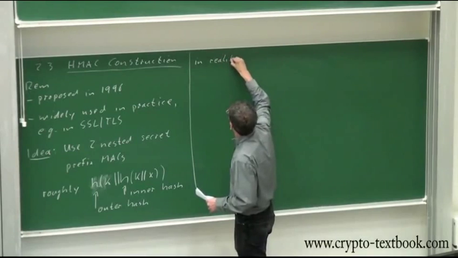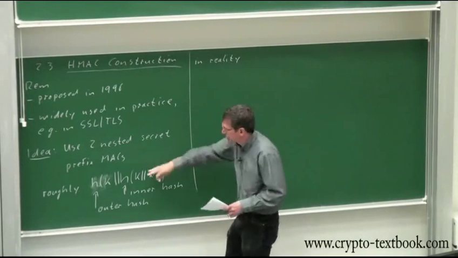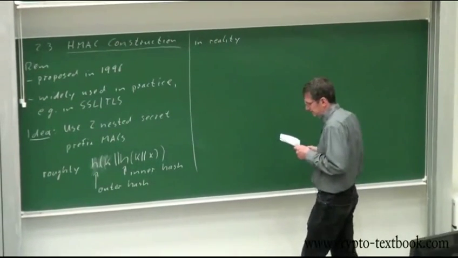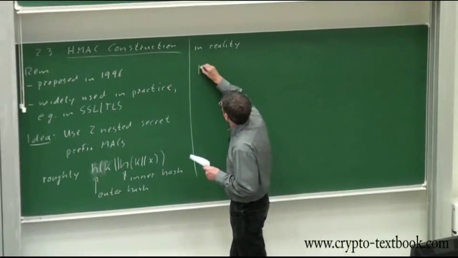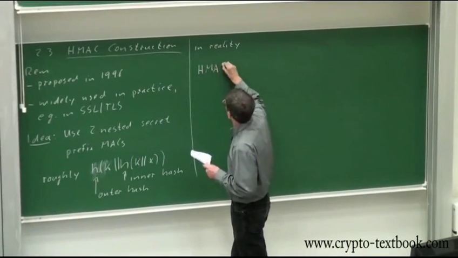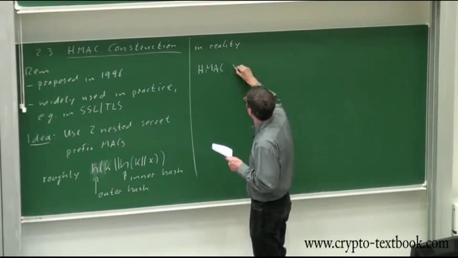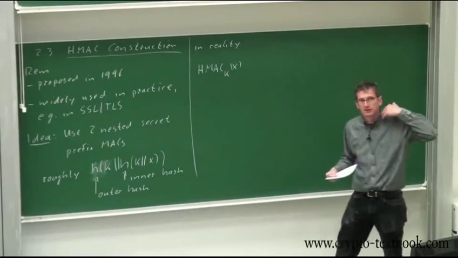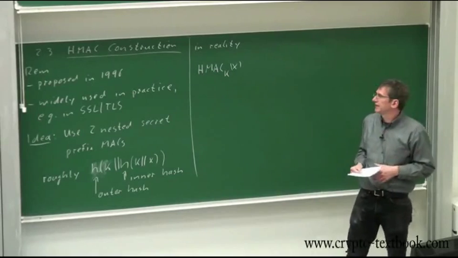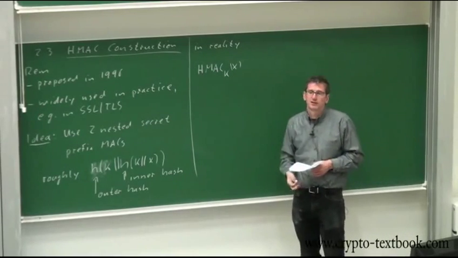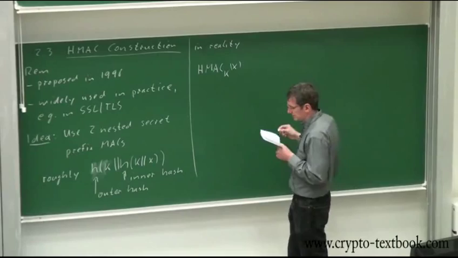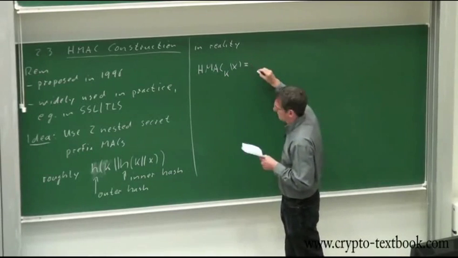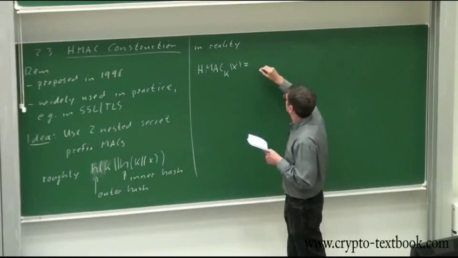So now in reality, it's not quite as simple, but almost as simple. The proper HMAC construction does the following. The input is X and K. X, again, can be a 2 megabyte PDF file, but K might be a 128-bit key. Here's what you do.